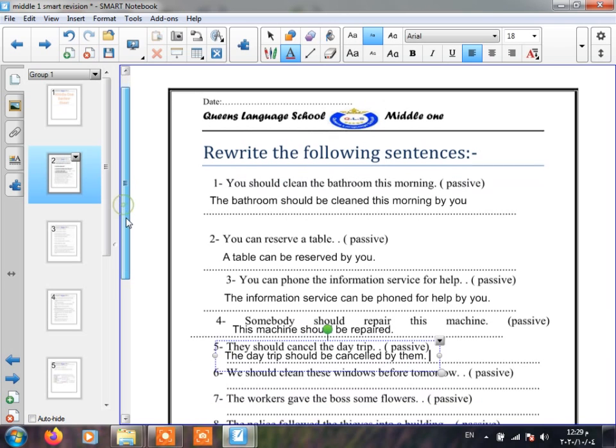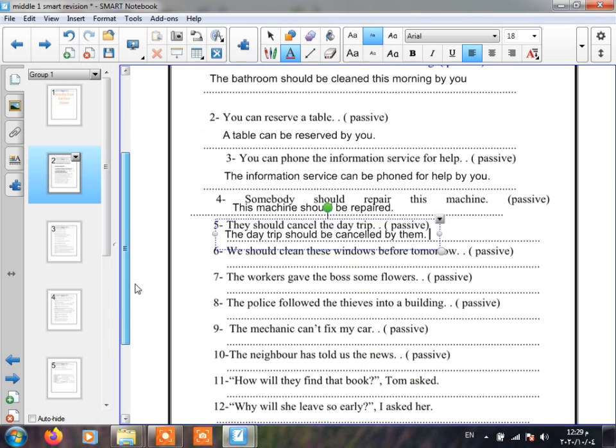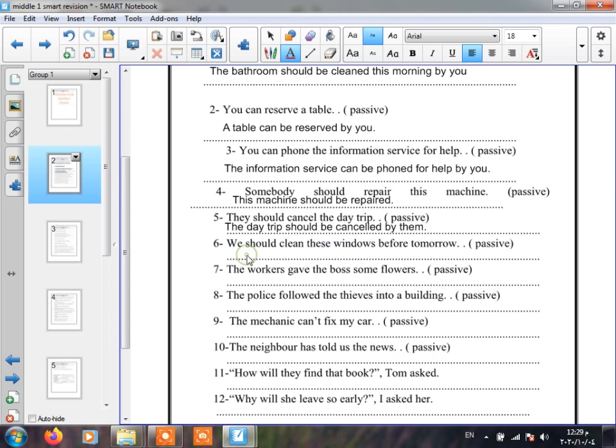Okay, let's continue. We should clean these windows before tomorrow. So these windows should be cleaned before tomorrow by us.